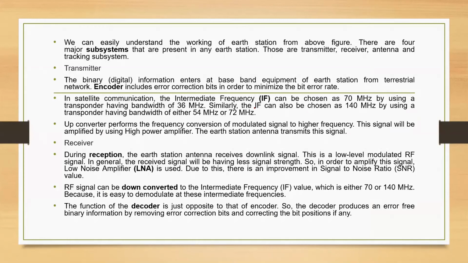So intermediate frequency, as you know, is important because it helps us to do all the processing at a low frequency and hence reduces the cost of the system involved in it. The up converter is important so that you are able to generate the frequency for transmission. At the receiver, you have a low noise down converter.